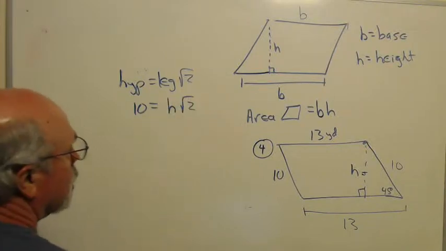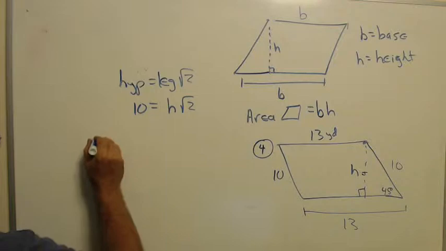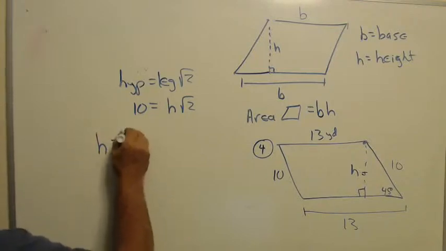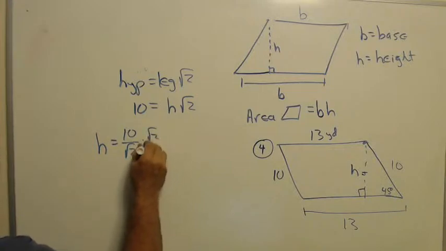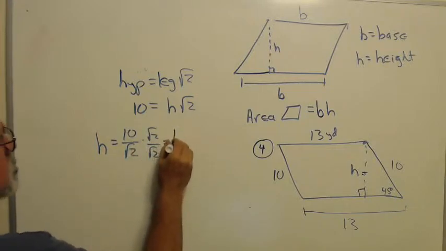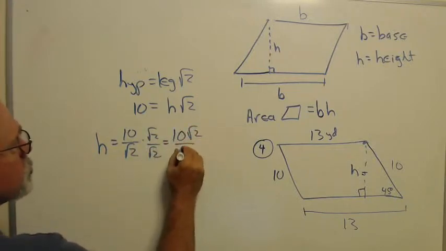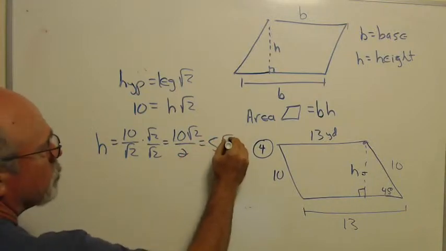If I divide by root 2, I'll have h is 10 over the square root of 2. I'll go ahead and simplify this. I'll multiply by root 2 over root 2. That's 10 square root 2 over 2, or 5 square root 2.